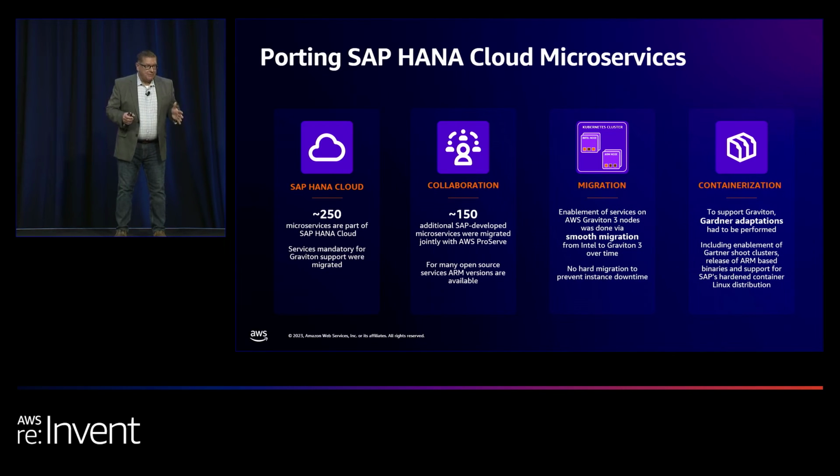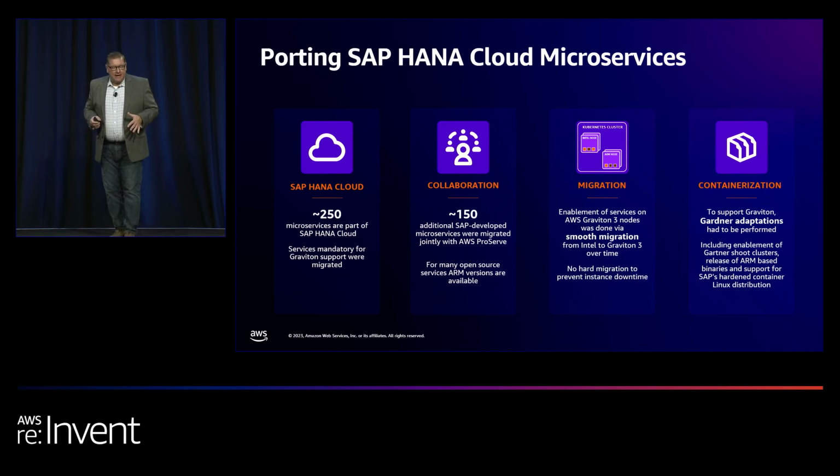And the good news is, for many of the open source services, there are ARM versions available. In terms of migration, the enablement of the services on the Graviton 3 nodes was done via what I'll call a smooth migration approach, not an abrupt approach from the Intel to the Graviton chips. We did this over time, and since there was no hard migration, this helped prevent instance downtime.